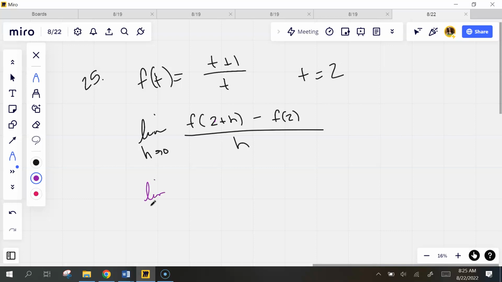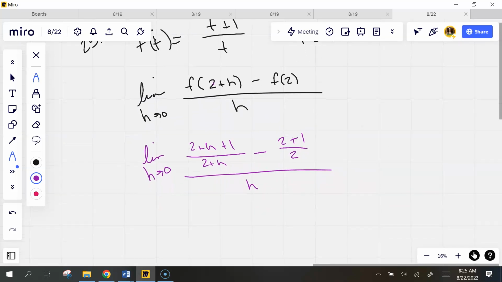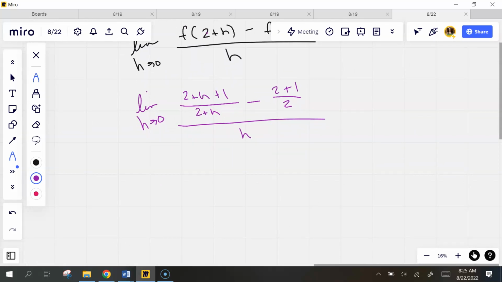The limit as h goes to 0, 2 plus h plus 1 over 2 plus h minus 2 plus 1 over 2, all over h. Limit as h goes to 0 of 3 plus h over 2 plus h minus 3 halves.